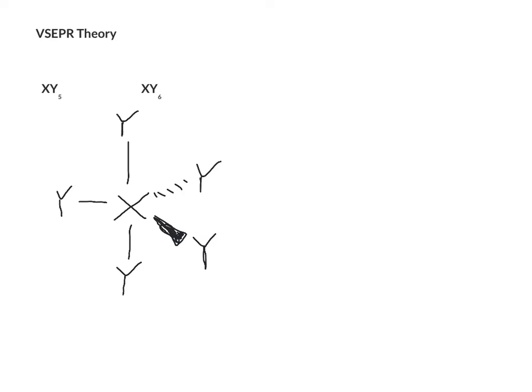Trigonal: this middle part, if you think of it like the Earth's equator, these are called equatorial positions. And then these positions are axial positions. And they have different bond angles.